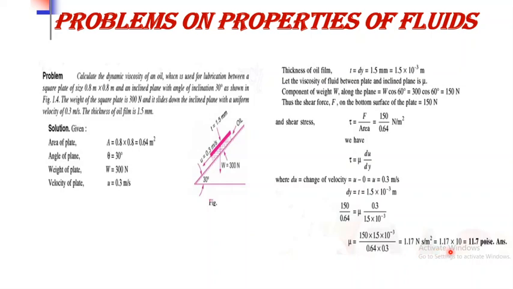The value of dynamic viscosity is 1.17 Newton second per meter square in SI unit. For converting this Newton second per meter square to the CGS unit, that is poise, we have to multiply it by 10. So mu is equal to 11.7 poise, and that is our result here.